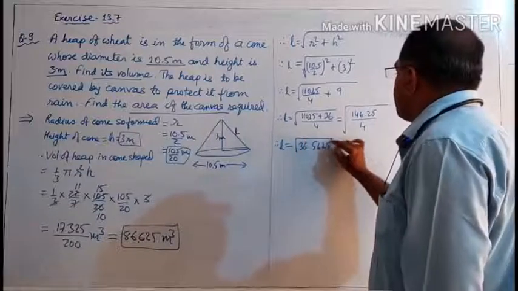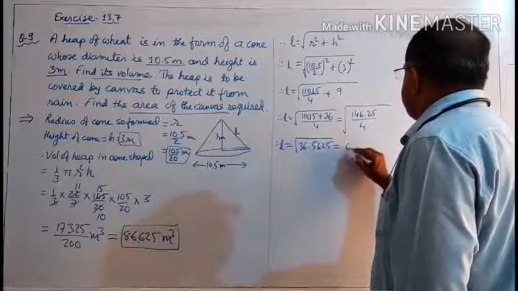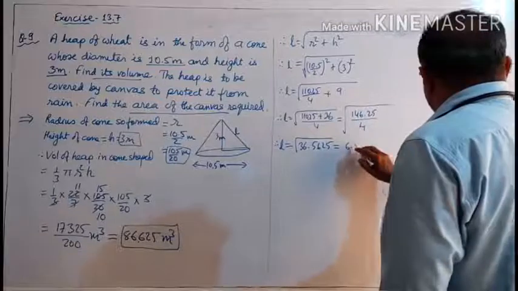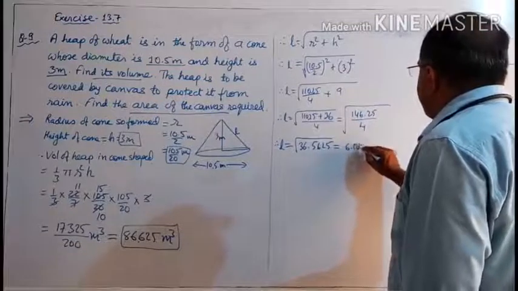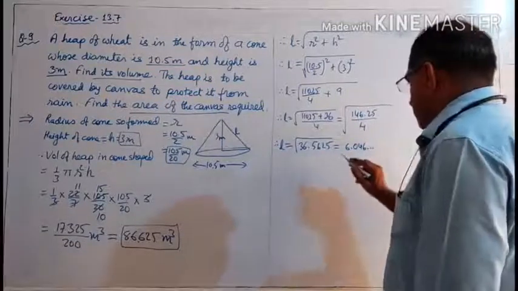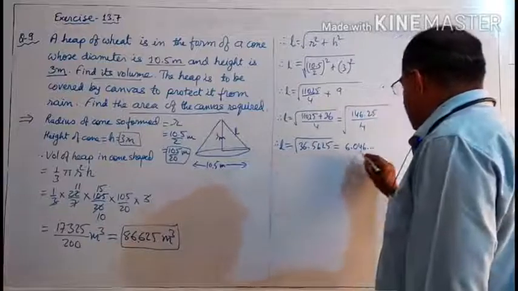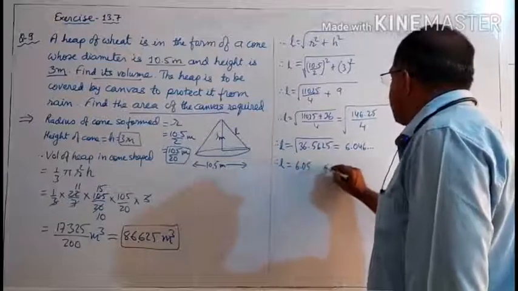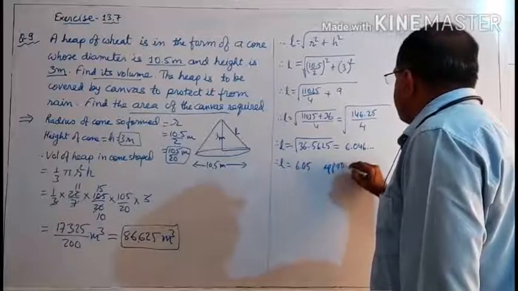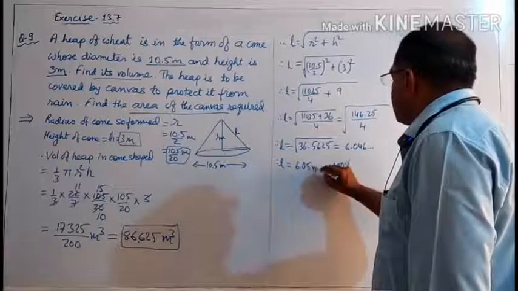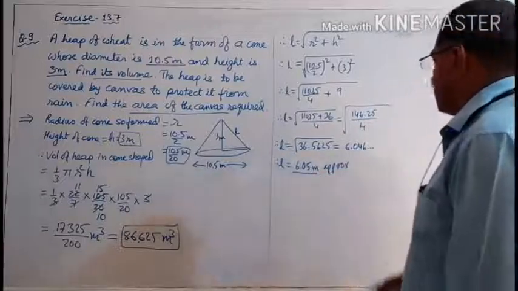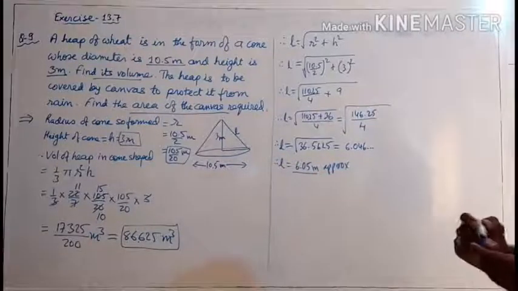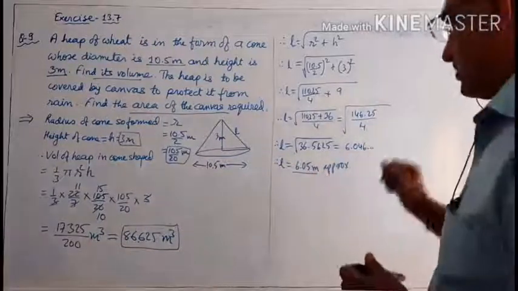Approximately, we say the slant height is equal to 6.05 meter. This is the slant height, approximately 6.05 meter.